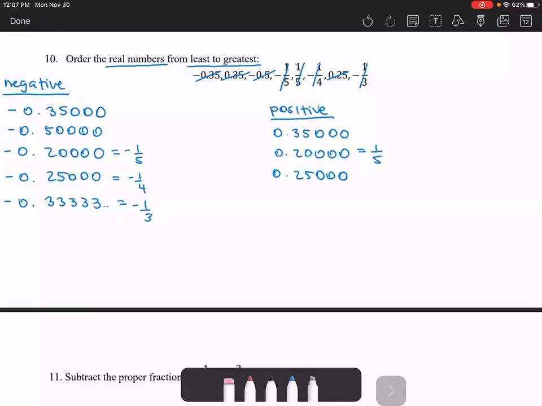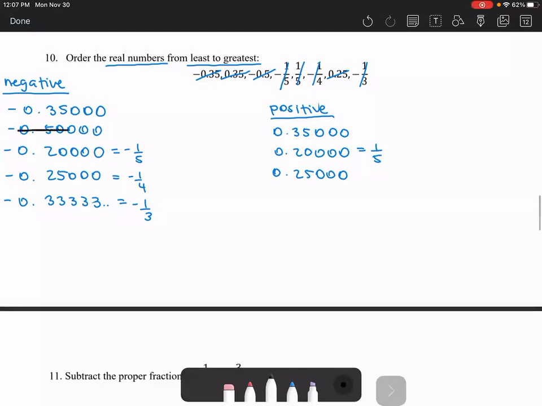So we're ordering the negative numbers first because they're smaller. Remember that negative numbers with bigger absolute value are smaller. If we're just looking at the absolute values of the negative numbers, not the negative sign, the biggest one is 0.5. So negative 0.5.